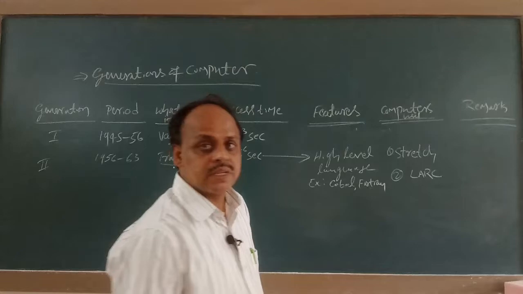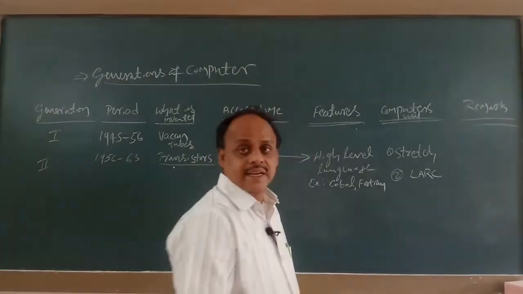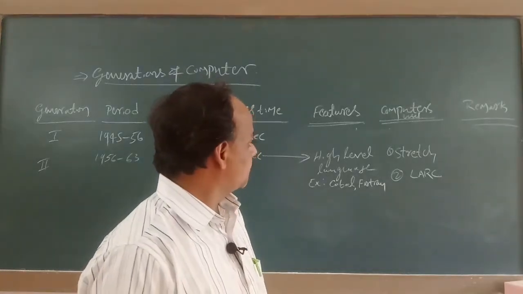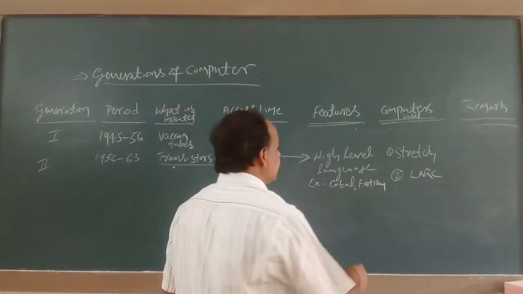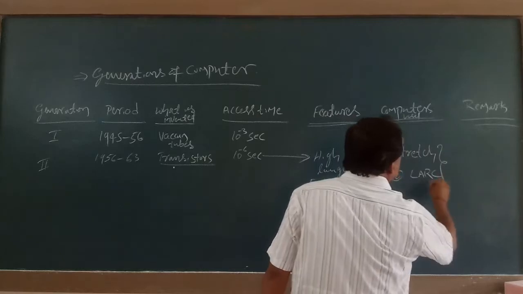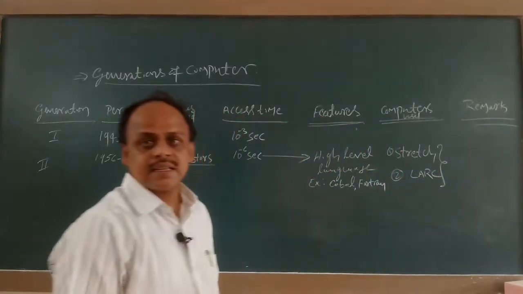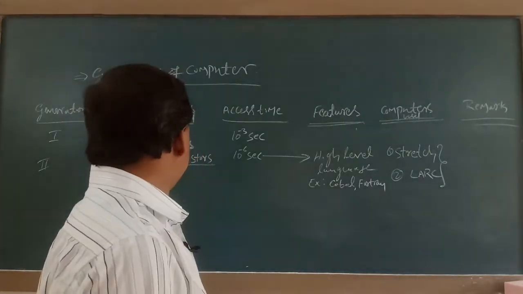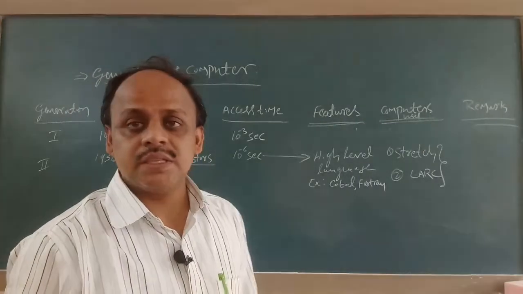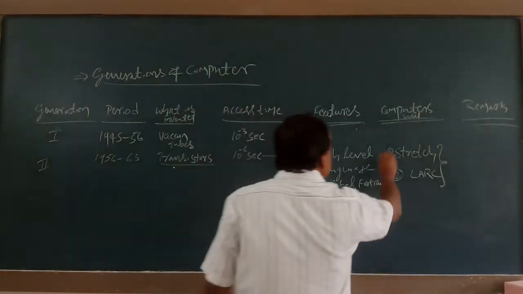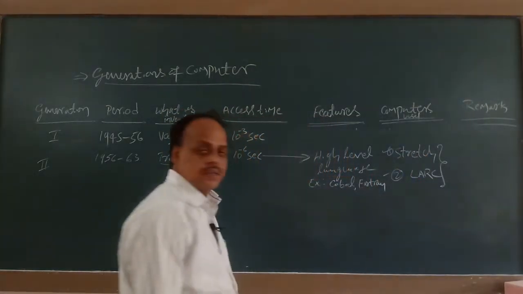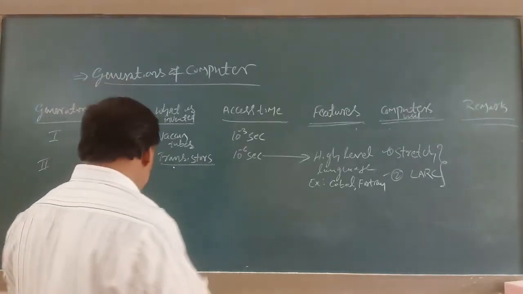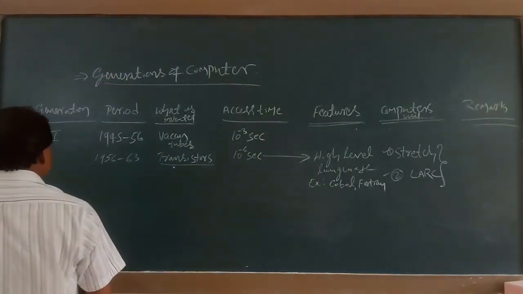These two computers means in the second generation what they developed, those computers are called stretch and LARC. These are the named computers in the period of 1956 to 63. Means these two are considered as second generations computer.